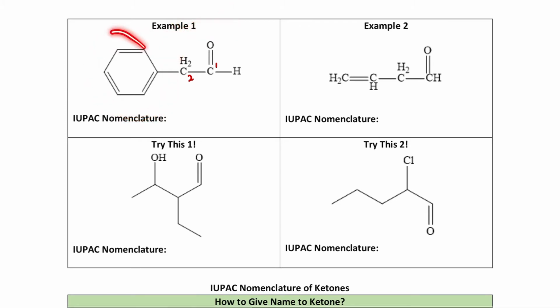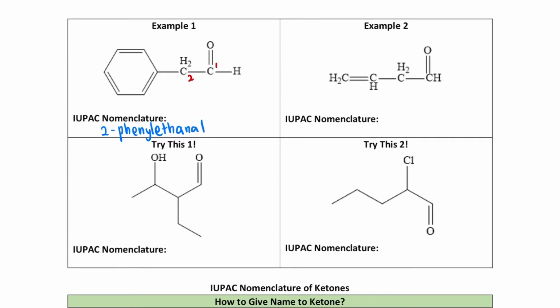So this phenyl is located at carbon number 2, and the name should be 2-phenylethanal. You don't have to write 1-ethanal, but if you write it, it is not wrong. It is not necessary because the rule already says carbon number 1 starts from the C double bond O for the aldehyde.